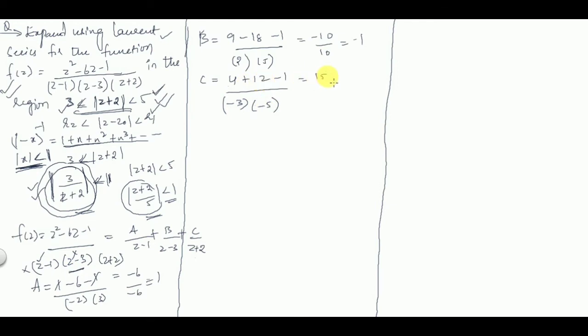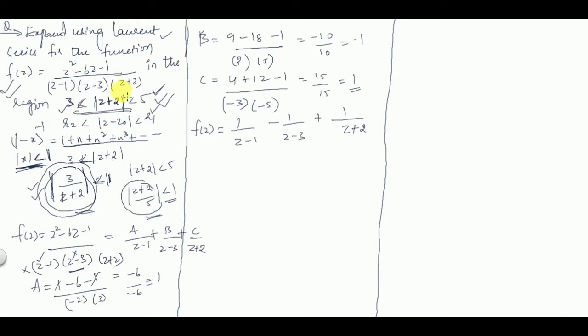So this will be 15 by 15 which is equal to 1. So therefore f of z can be written as 1 by z minus 1, minus 1 by z minus 3, plus 1 by z plus 2. Until now we have found the partial fractions.